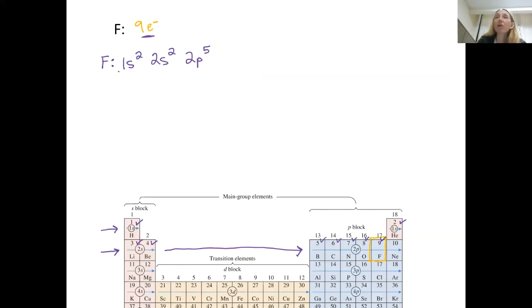Okay, now if I want to go through and draw the box notation of this, I draw a 1s orbital. I draw a 2s orbital. And I draw the 2p orbital, but remember the p's can be px, py, or pz.